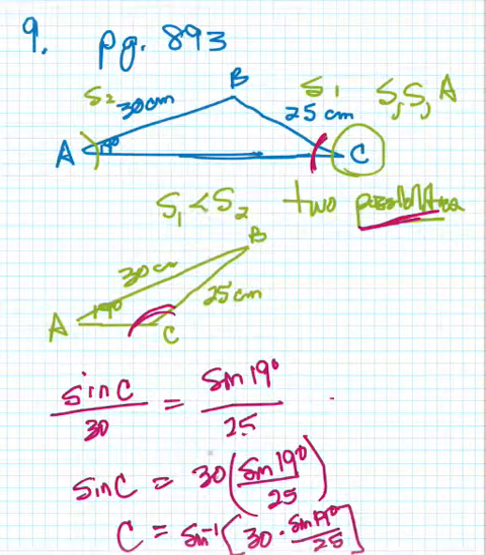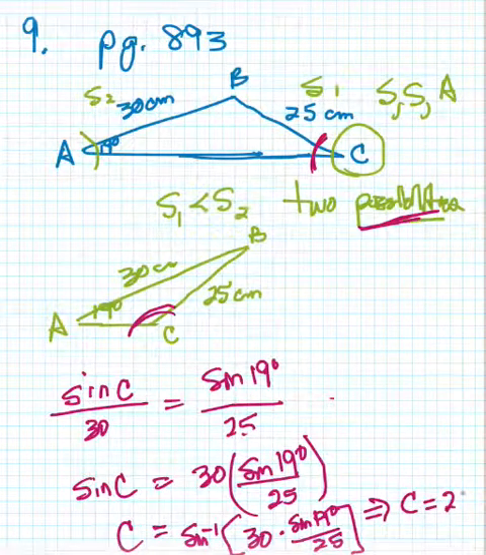And when we solve for this, I believe we find that C equals 22.7, or 23 degrees. So when we solve all this, we get that C equals 23 degrees. Let's go with 23 degrees.